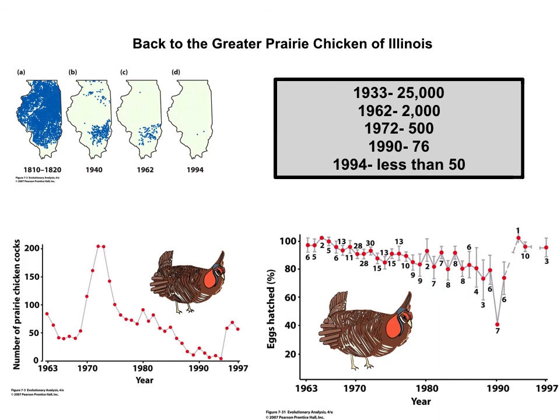Let's get some prairie chickens from larger populations in Minnesota and Kansas and Nebraska, and breed them in and introduce them into the populations. And we see from 1990 on, we have an increase not only in the population, rebounding in the population sizes, but also a rebounding from that inbreeding depression, with the percentage of eggs hatched. They go all the way back up to the 90s, and there's even one that's up to 100%.